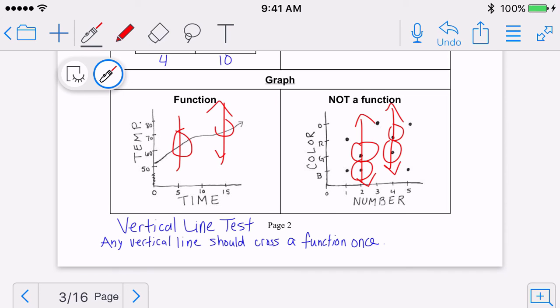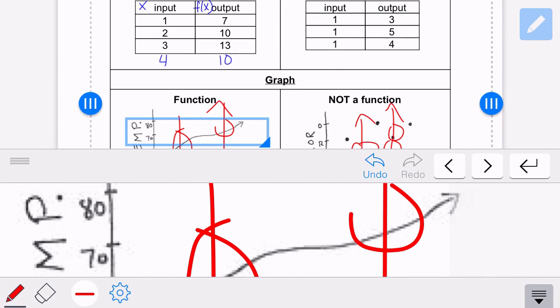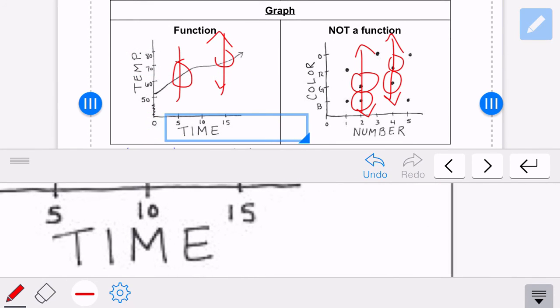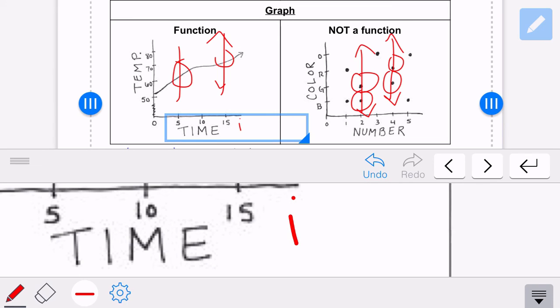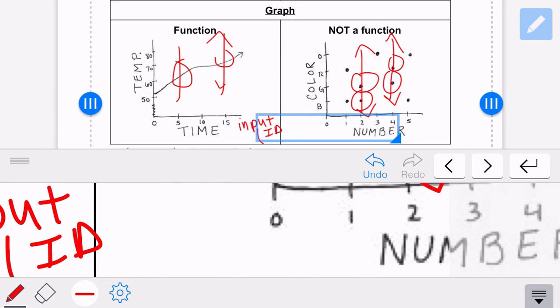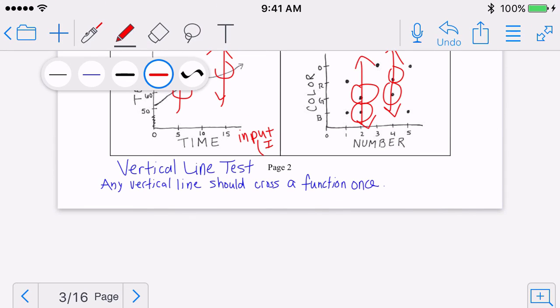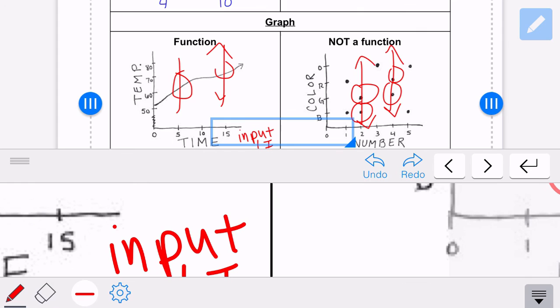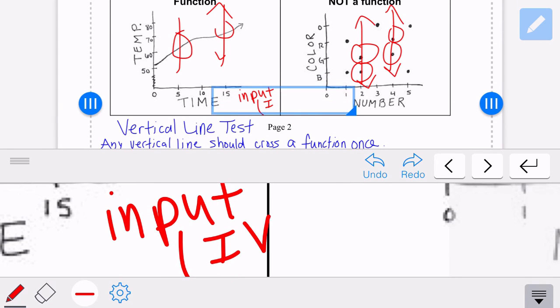Down here, our time is your independent variable. That is your input. So let's put that in there. This is our input. Or you can think of it as your independent variable, so I meant to write a V, to stand for independent variable.